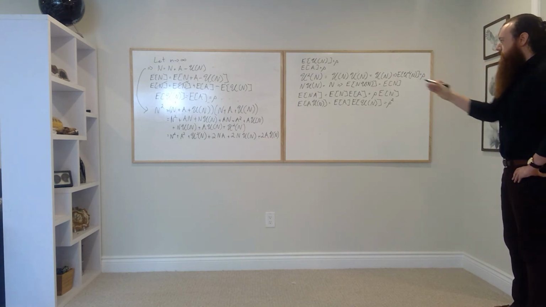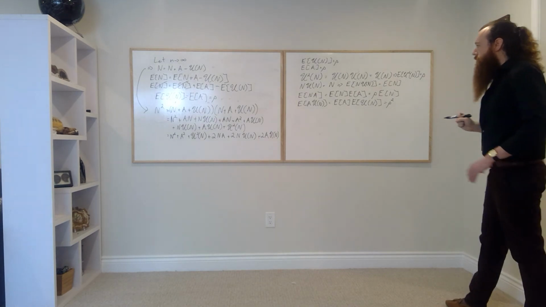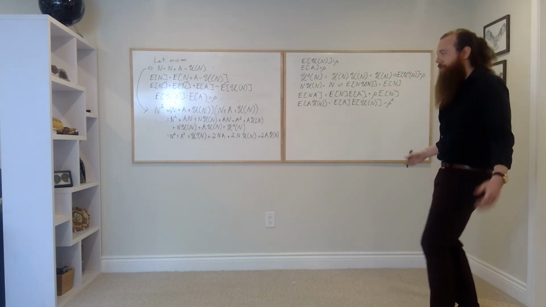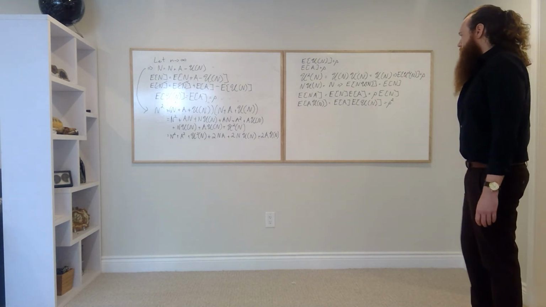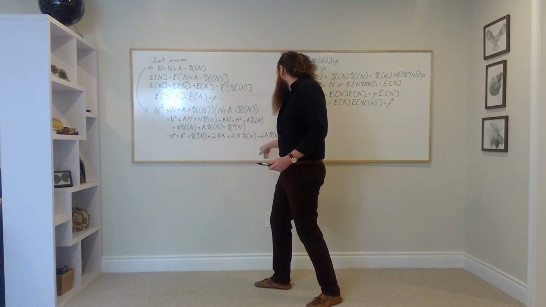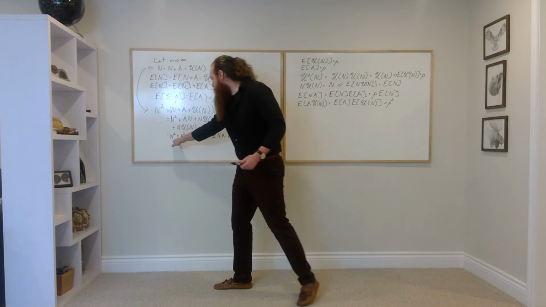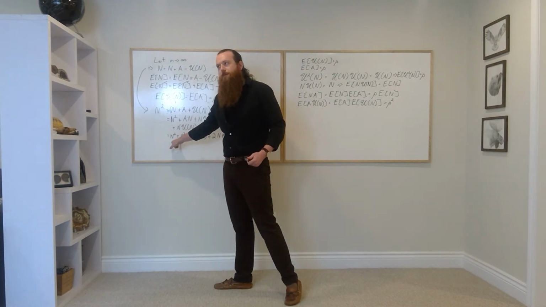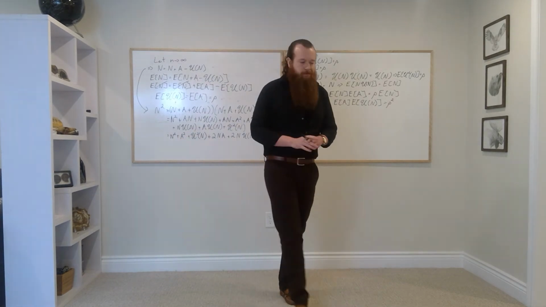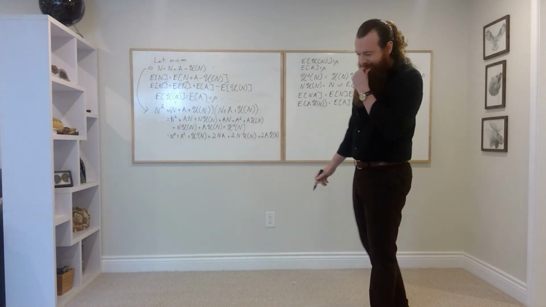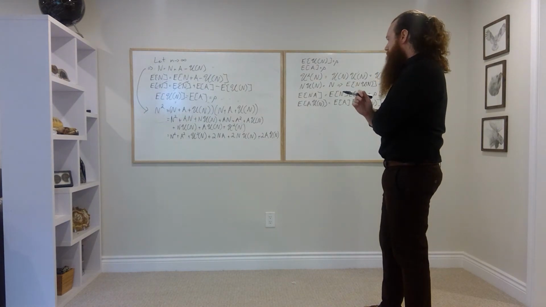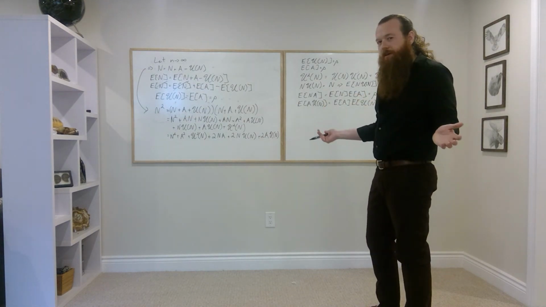So I'm addressing this term by term and seeing if I can make some simplifications or see if I just know it. Okay. So I know this one, this one, this one, and this one. I'm left with two things: the expected value of n squared and the expected value of a squared. Well, I'm trying to solve the expected value of n.